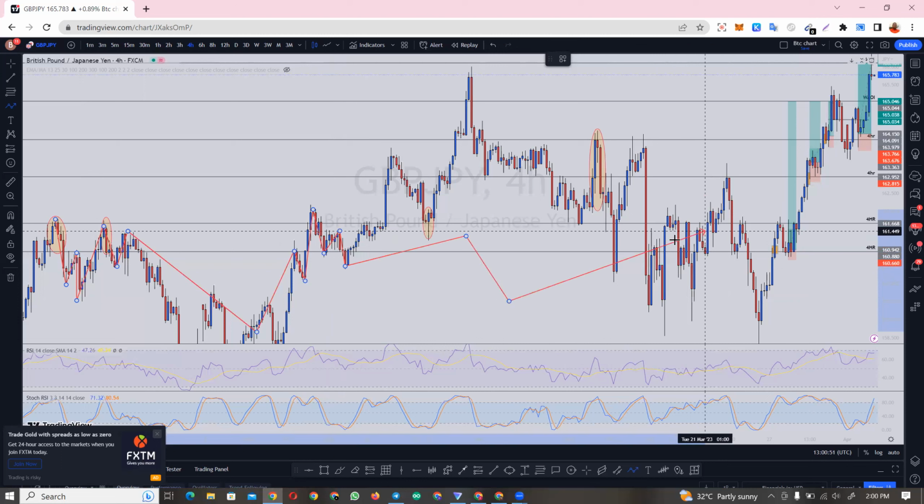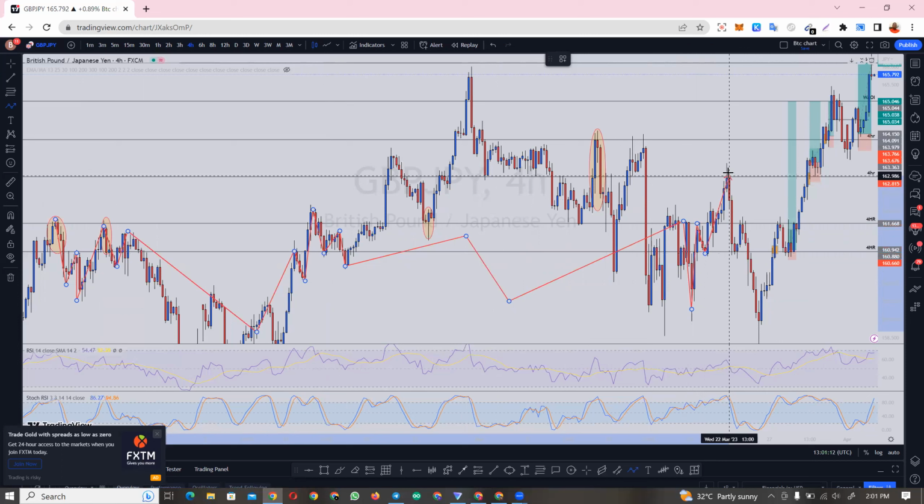Then here again, see what happened. The market broke here, came up. When buyers pushed the market up, they sold small. Then at this particular area, buyers bought again.